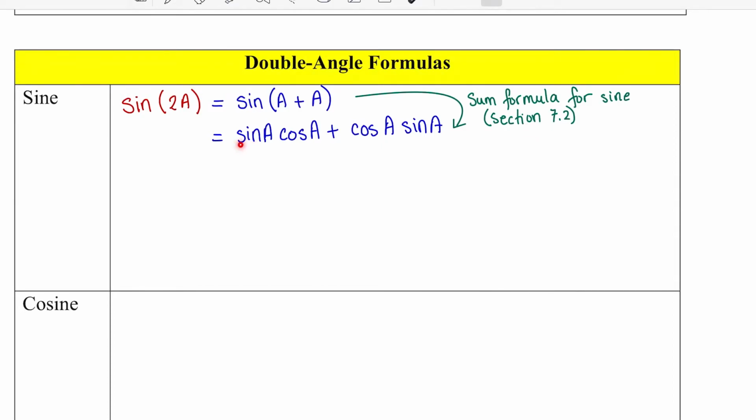At this point, I have sine of A times cosine of A, cosine of A times sine of A. So these two terms are like terms. We can combine them to 2 sine A cosine A. So my double angle formula for sine is 2 sine A cosine A.